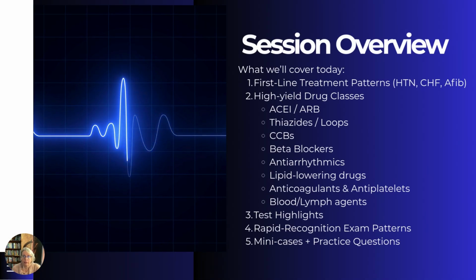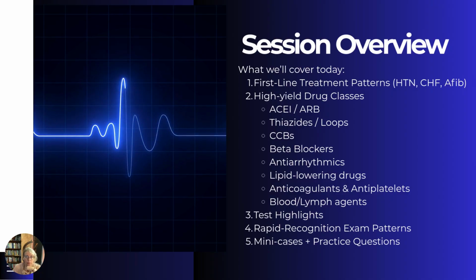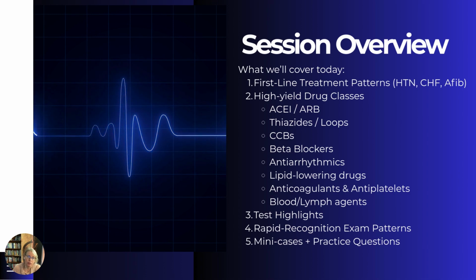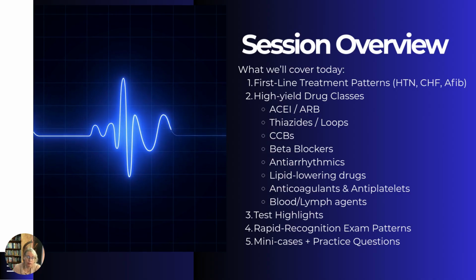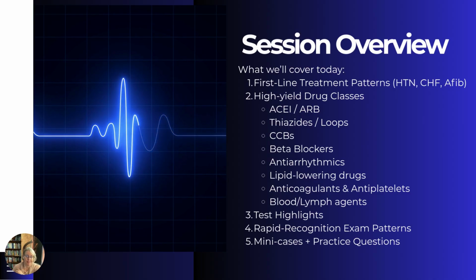We're going to start with first line treatments for cardiovascular disease. We want to make sure we understand what the pharmacology is for hypertension, congestive heart failure, and AFib. Then we're going to go through these high-yield drug classes today, including ACE inhibitors and ARBs, thiazides, loop diuretics, calcium channel blockers, beta blockers, antiarrhythmics, lipid-lowering drugs, anticoagulants, antiplatelets, and blood and lymph agents.